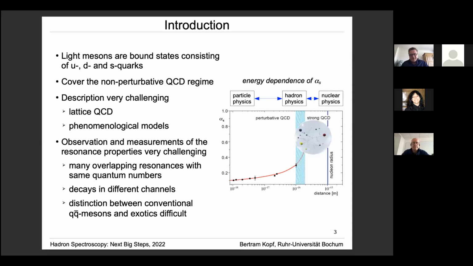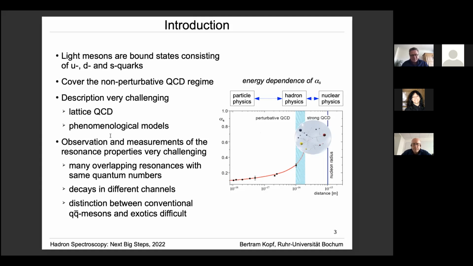Okay, first of all, we have concentrated our activities so far on the light meson sector. Therefore, a few words related to this. The light mesons are, as you know, bound states consisting of u, d, and s quarks, and they cover the non-perturbative QCD regime, as you can see here. From the theoretical point of view, the description is very challenging, and one has to make use of lattice QCD calculations, for example, or phenomenological models.